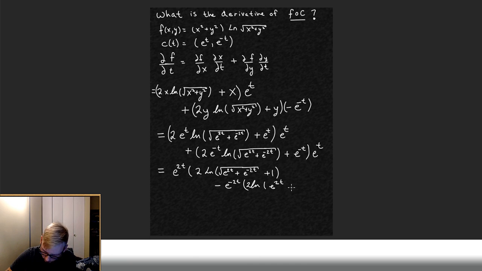There's still gonna be a 2 here, so maybe I won't skip that far. Yeah, okay. Plus e to the minus 2t square root plus 1.